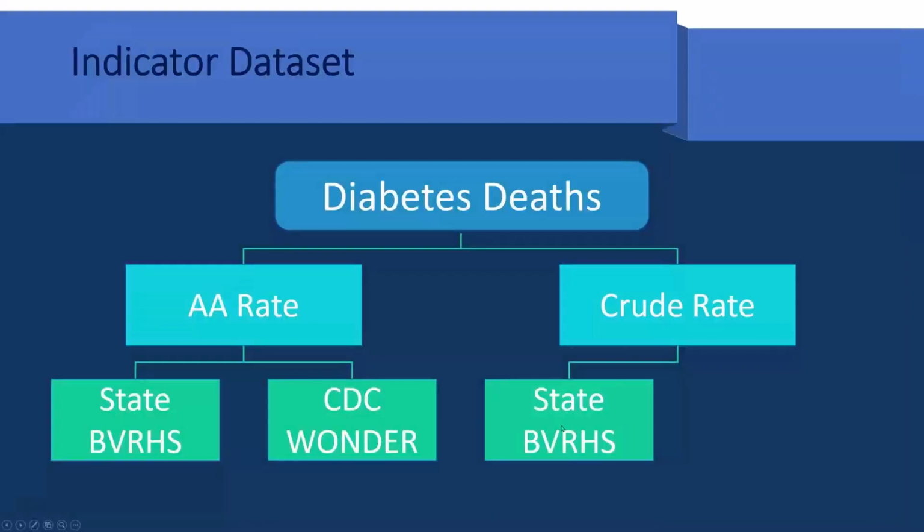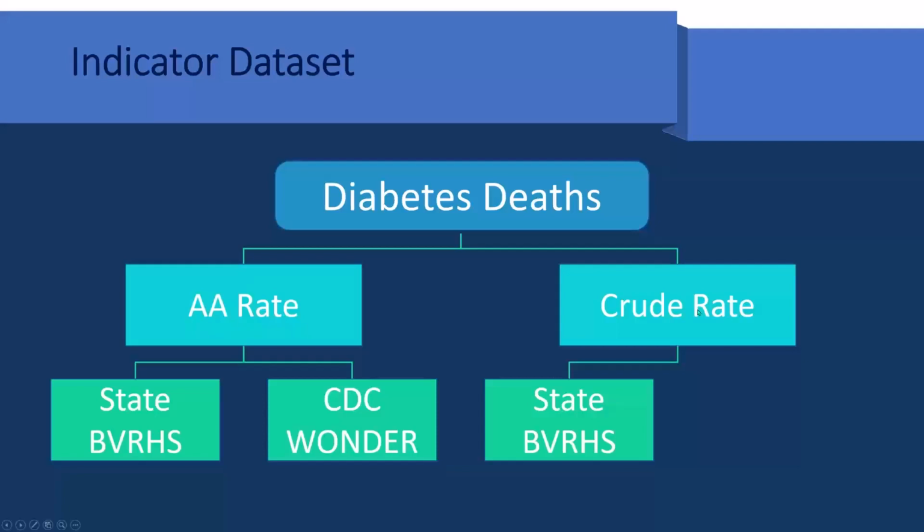Did I do that? No. Crude rate, diabetes deaths. Oh, no, diabetes deaths. That was prevalence. Now, if we look at deaths, we have a similar thing, age-adjusted and crude, State Bureau of Vital Records and Health Statistics, and CDC Wonder.